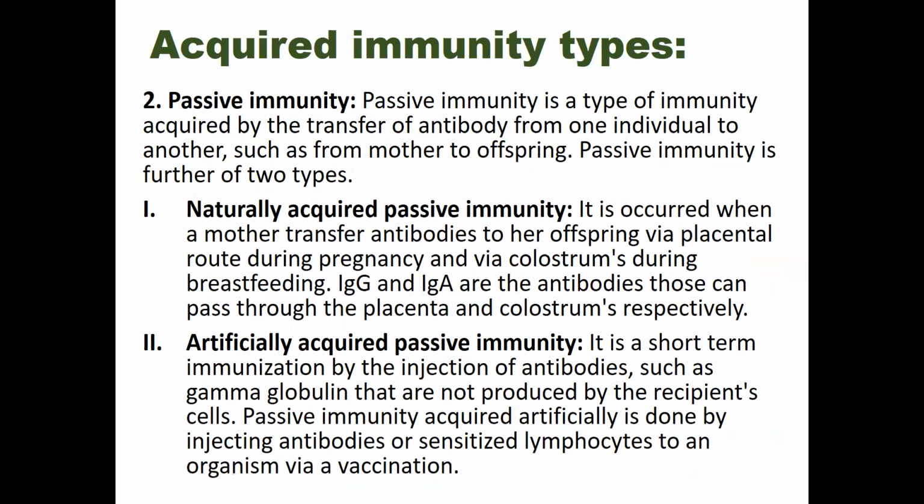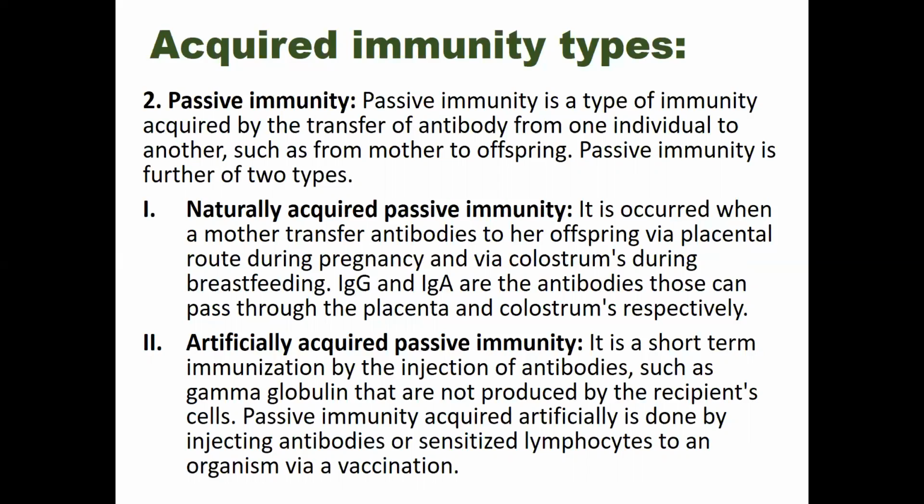Another type is passive immunity. Passive immunity is a type of immunity acquired by the transfer of antibodies from one individual to another, such as from mother to offspring. We can divide passive immunity into two types: naturally acquired passive immunity and artificially acquired passive immunity.